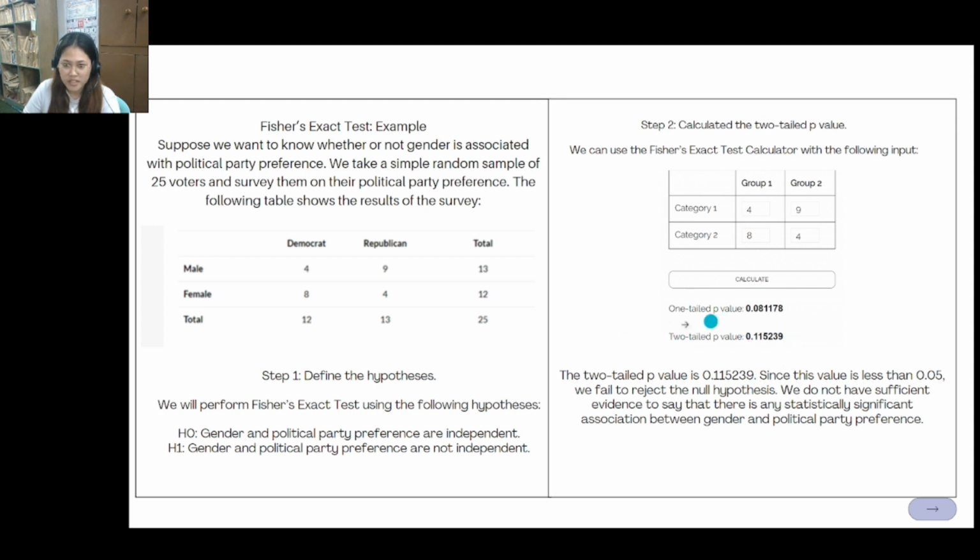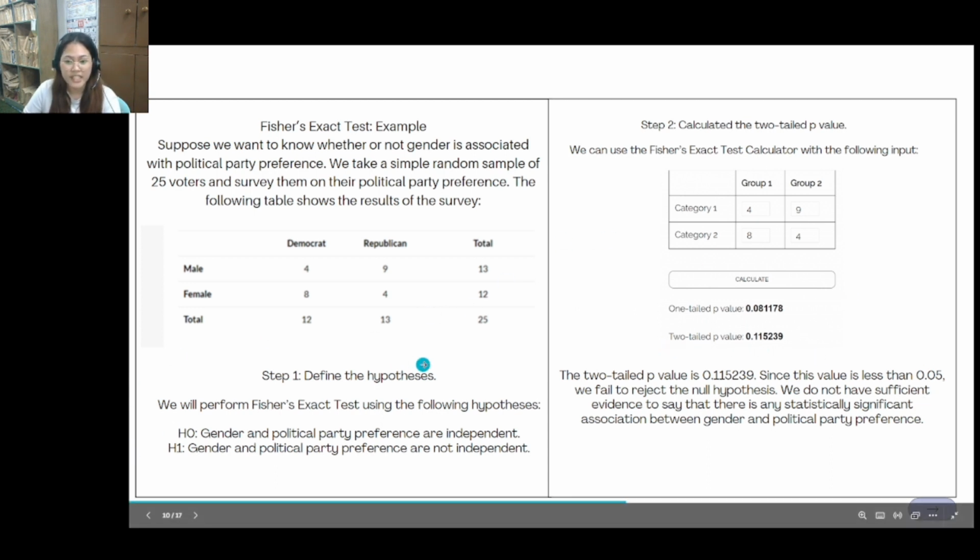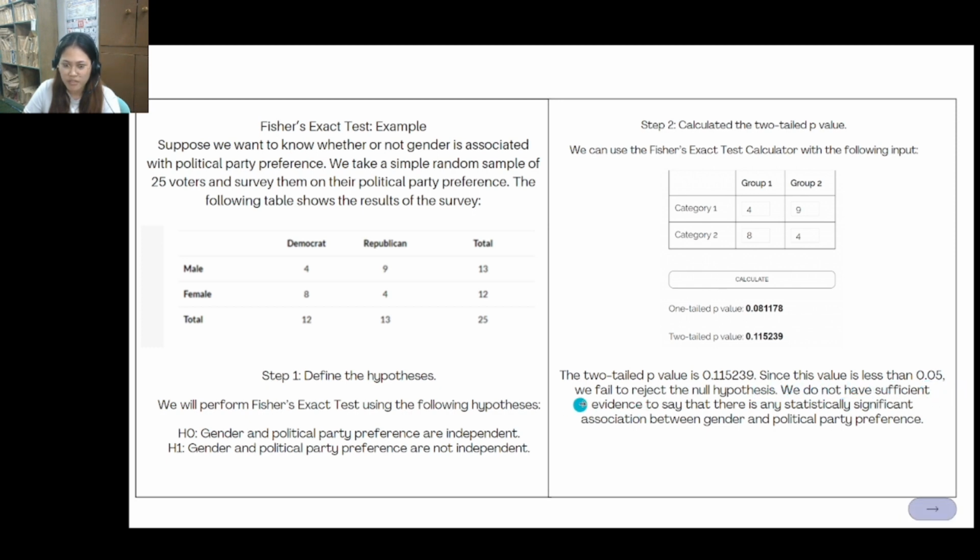The one-tailed p-value is greater than or less than, while the two-tailed p-value is divided equally into two. Since this value is greater than 0.05, we fail to reject the null hypothesis.